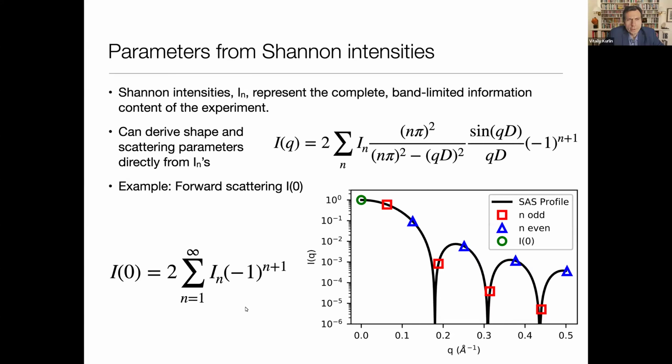Tom, could I ask about these values where I of Q is 0? Is it really 0 or is it very close to 0? You never measure Q equal to 0 because you have this beam stop. I of Q, when the graph approaches the horizontal axis. No, it's never 0. It theoretically could be 0 because there are certain points, like right here, where, keep in mind this is on a log scale, it's sort of going down and it's just barely touching.